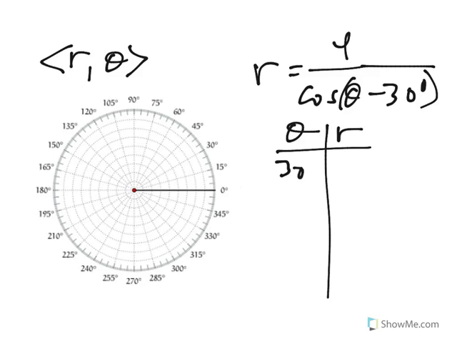Cosine of 30 minus 30 is cosine of 0, which is 1, so r would become 4. So I have at least this one point at 4, 30 degrees, somewhere over here.